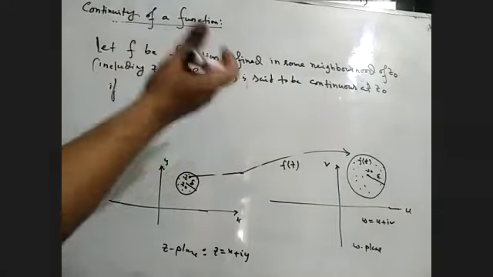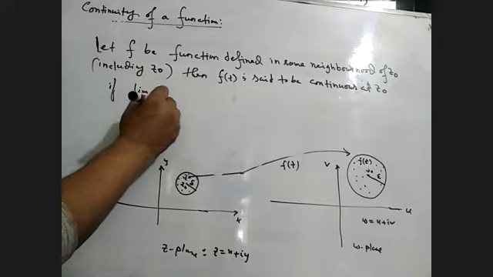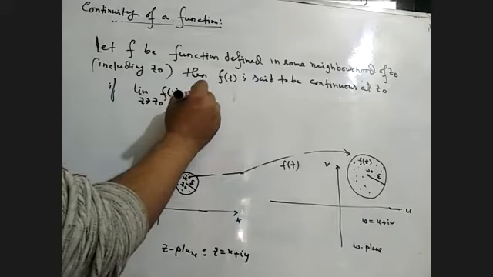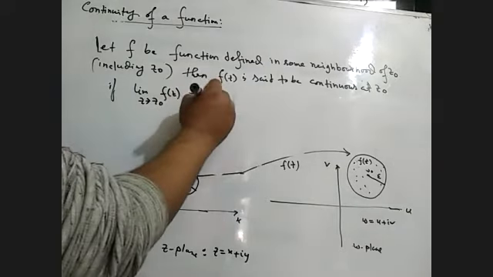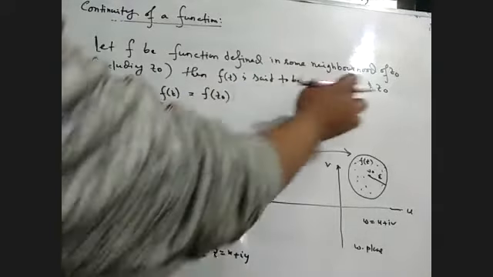If the previous definition holds, that means limit z tends to z naught of f of z exists, and this limit will be equal to the functional value at z naught.